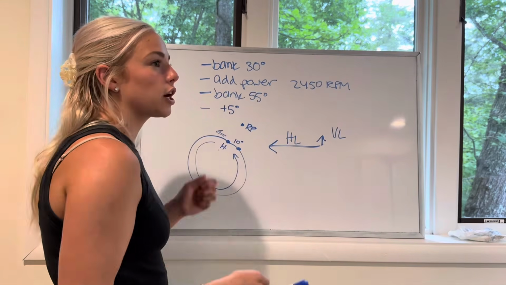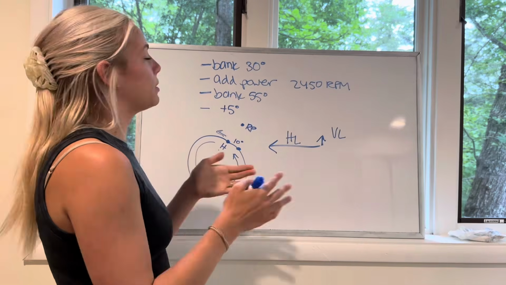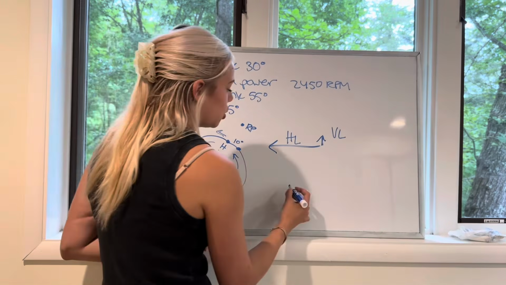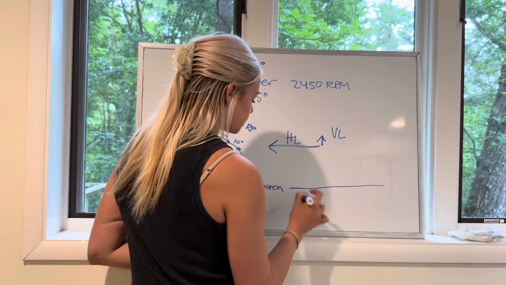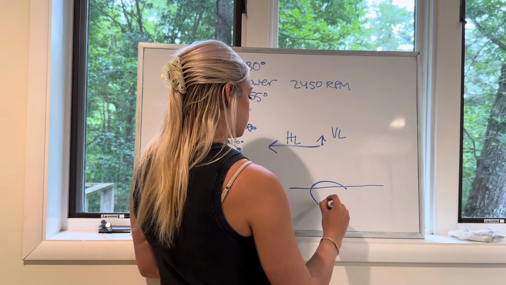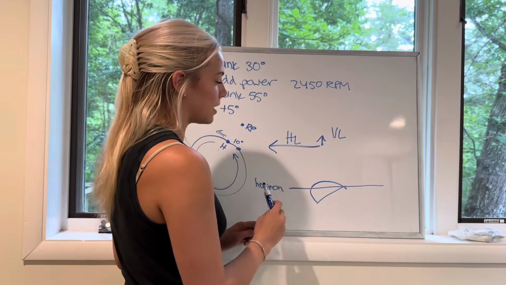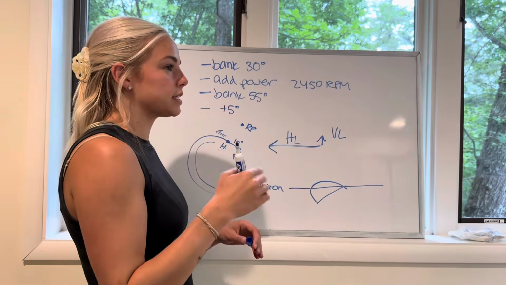Once you're in the turn and you're holding your pitch and your altitude, you want to be looking outside. This is the horizon. The nose of the airplane should be cutting through the horizon, slicing through it.